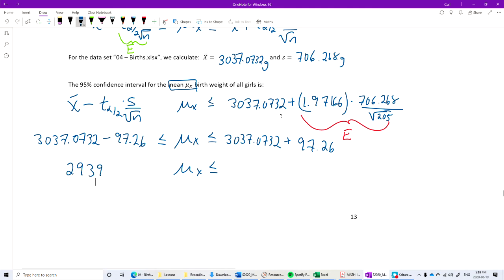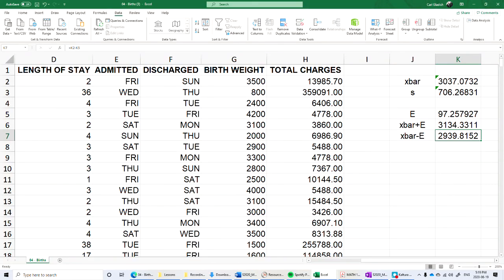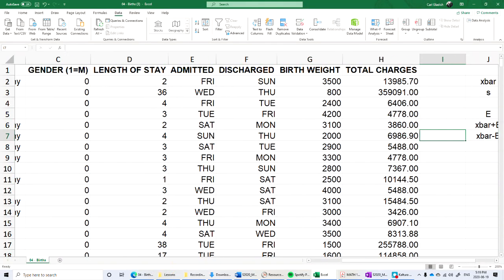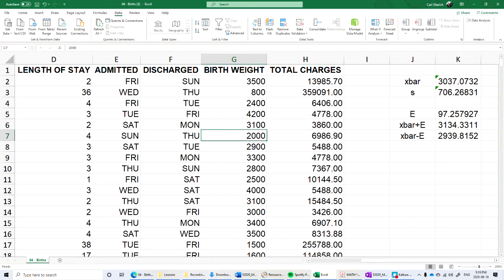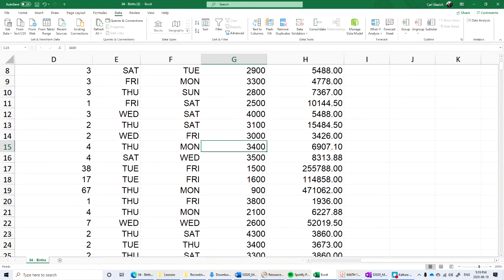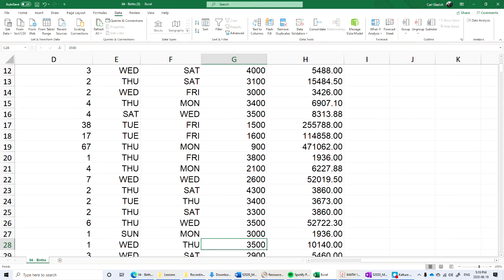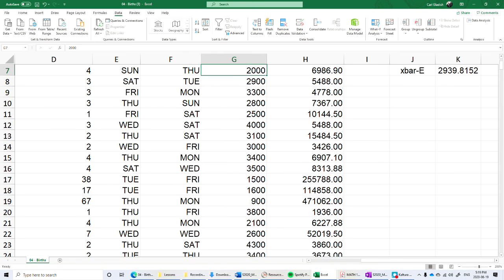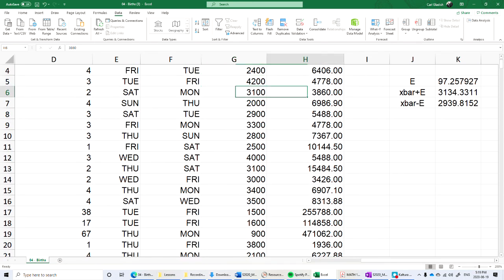So the rule of thumb here is how many digits should we keep? If we're given the data like this, we should keep one extra significant digit. All of these measurements generally have two significant figures, something, something, 0, 0. So we'll state our answer with one extra digit of precision, so we'll have 3 digits.